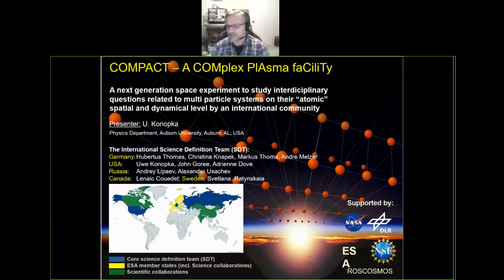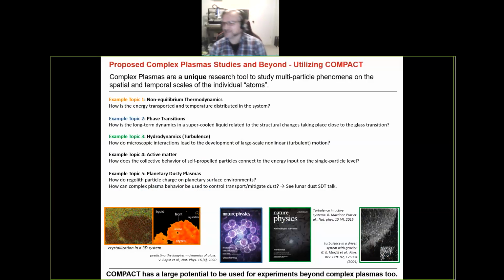It's supported by practically all the major space organizations already, and I hope that we get practically everybody who is on the ISS involved. And it looks like the A from ESA has moved down a little bit.